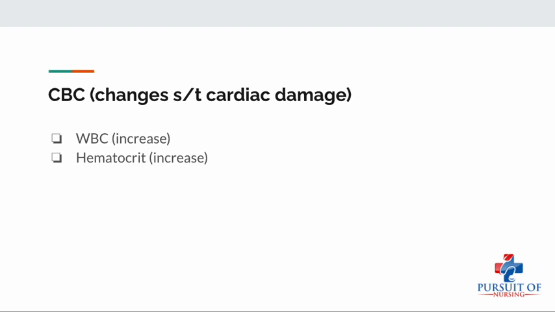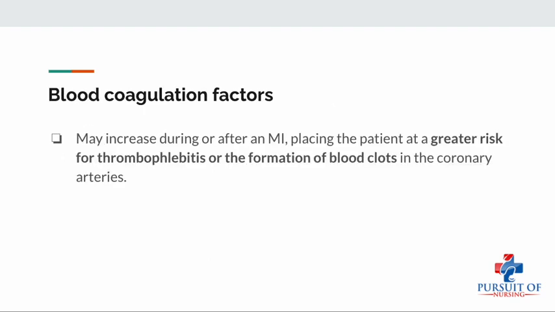So if there's damage, there's infarction, the body calls a large number of white blood cells to the area to get rid of all of that damaged and necrotic tissue. Also, hematocrit levels will increase due to volume depletion, often hypovolemia. Blood coagulation factors may also increase during or after an MI.